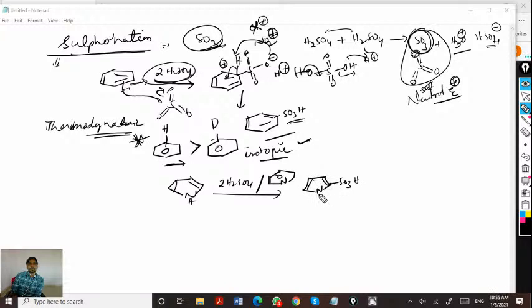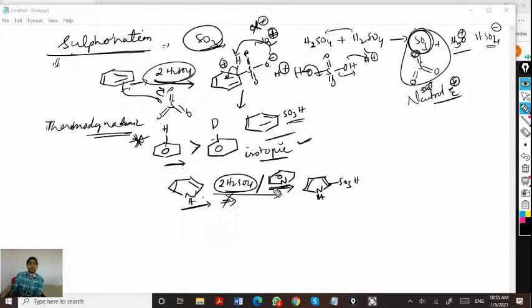For six-membered heterocyclic rings, electrophilic substitution will be at the third position. For pyrrole, sulfonation happens in the presence of pyridine, which decreases the acidity of H2SO4, so that it enhances the formation of sulfur trioxide. It will react faster, resulting in the sulfonated product. Otherwise, it will not form.